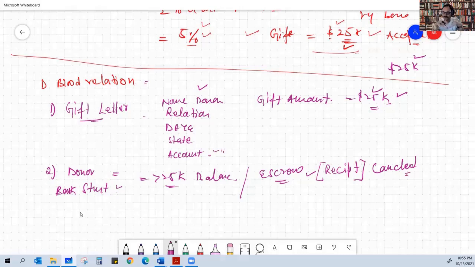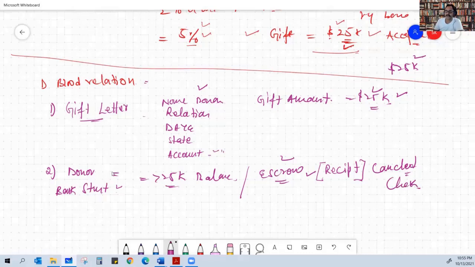One, the amount is available in the donor bank statement, not yet moved or transferred to the borrower's account or to the escrow company. Number two, there is a chance that they have already deposited. If they have already deposited, they are going to show us the escrow receipt or the canceled check, saying here is the money that has already been given.